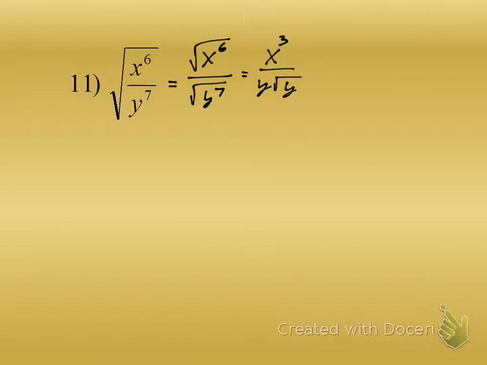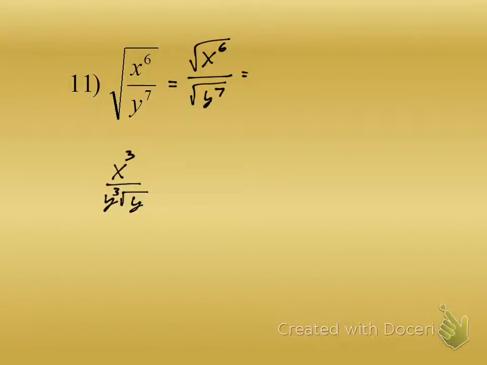You have 3 y's inside and 1 left over. Everybody good? If you want to skip this line, that's 100% fine. Now I'm going to move this down here so I can have a little more room.